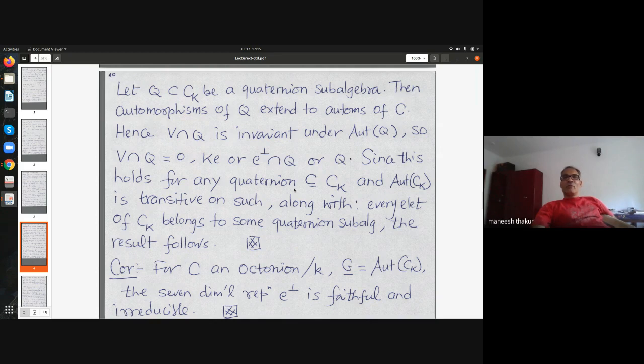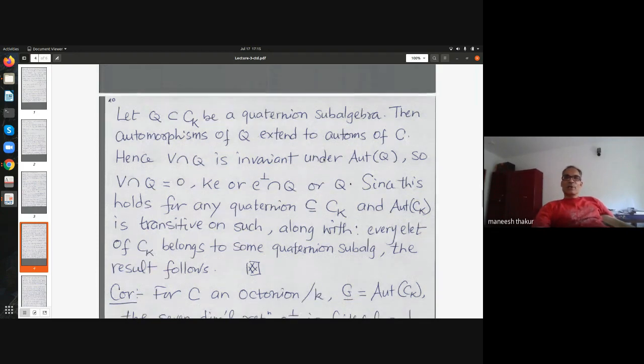And again, now we are done. The point is, now we use one non-trivial theorem here. You look at the set of all quaternion subalgebras of CK. The automorphism group acts transitively on that set. Given any two, because we are over algebraically closed fields, any quaternion algebra is actually a matrix algebra. So any two quaternion subalgebras here will be isomorphic, and that isomorphism can be extended to an automorphism.